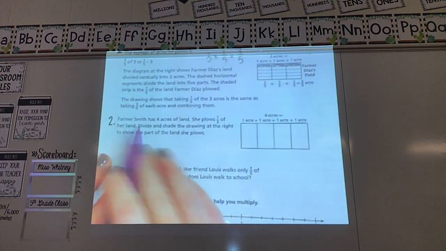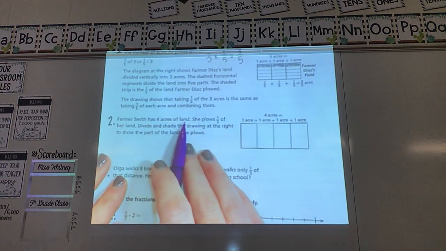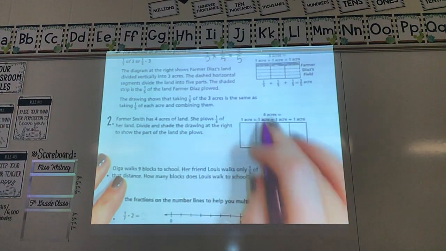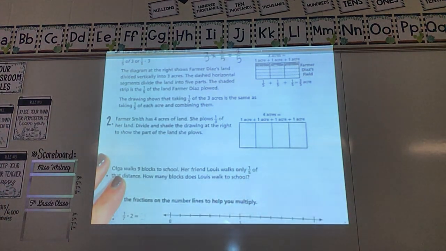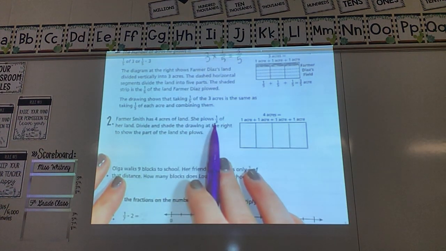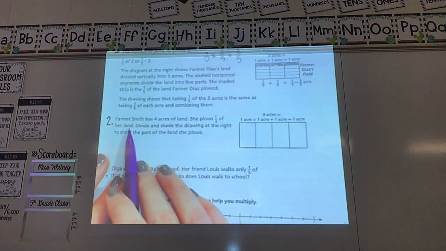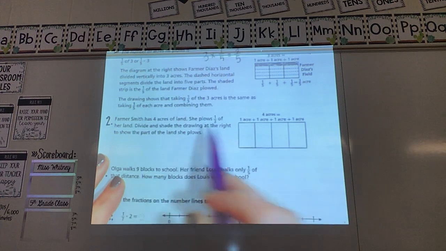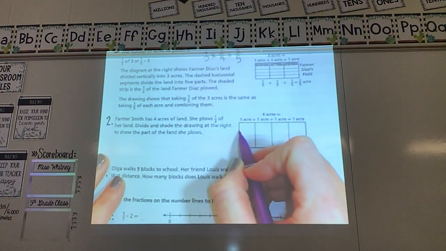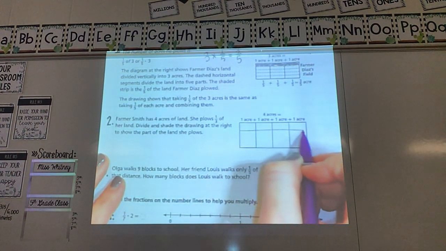It says, Farmer Smith has 4 acres of land. Well, look, they already put 4 acres here for me. Here's 1 acre, 2 acres, 3 acres, 4 acres. She plows 1/3 of her land. So we want to cut this into 3 pieces because that was my bottom number. So let's cut this into 3 to show our picture here.